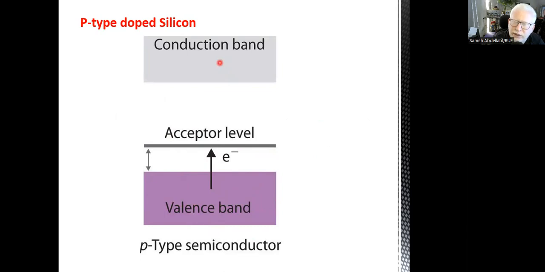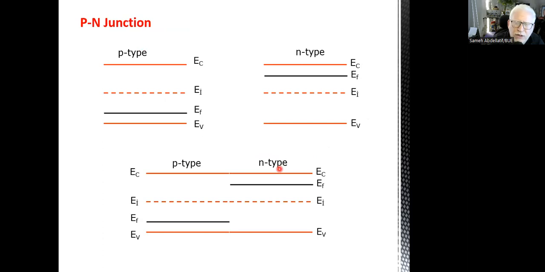So this is simply how you can construct an n-type material, how you can construct a p-type material, and in the next step, we are going to discuss together what if we combine an n-type material with a p-type material in one junction, which is called a p-n junction.